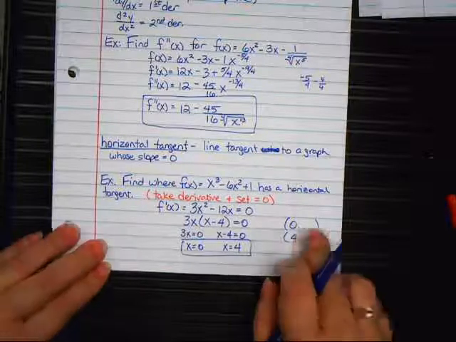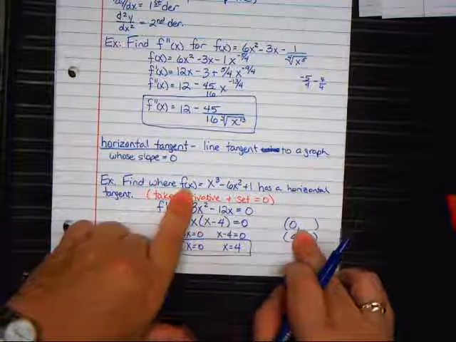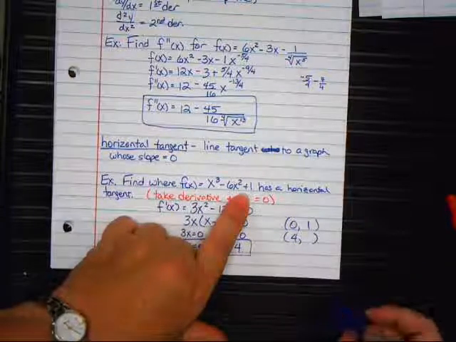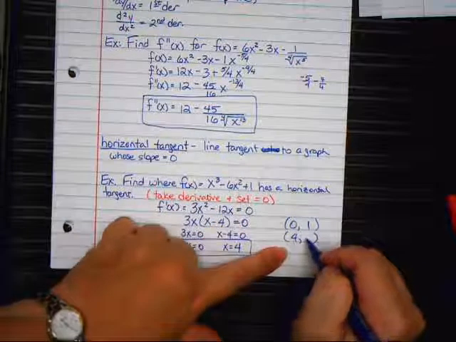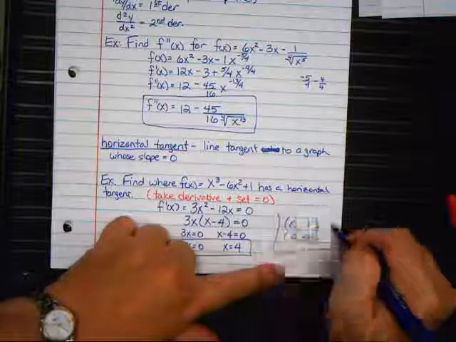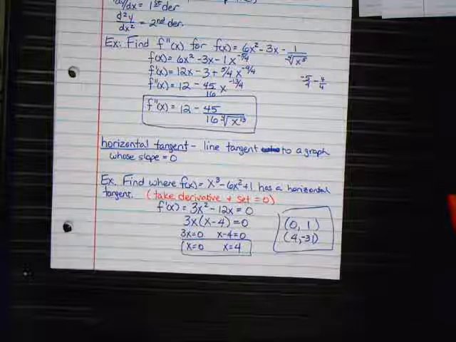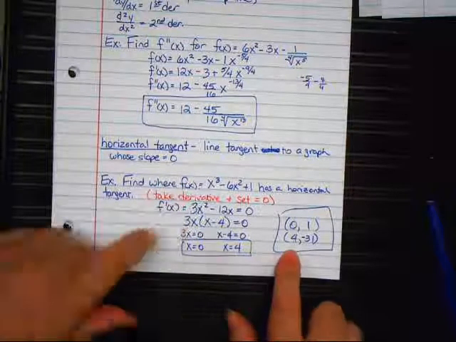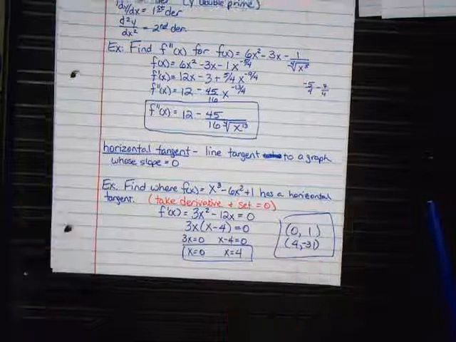The original. We're looking for y values. This is y. So when you plug it in here, 0 is going to be 1. And this one's going to be negative 31. I'll tell you that right now. I've already done the math. Okay. I'm done with that. So, plug the 4 into here, do the math. It comes out to negative 31.